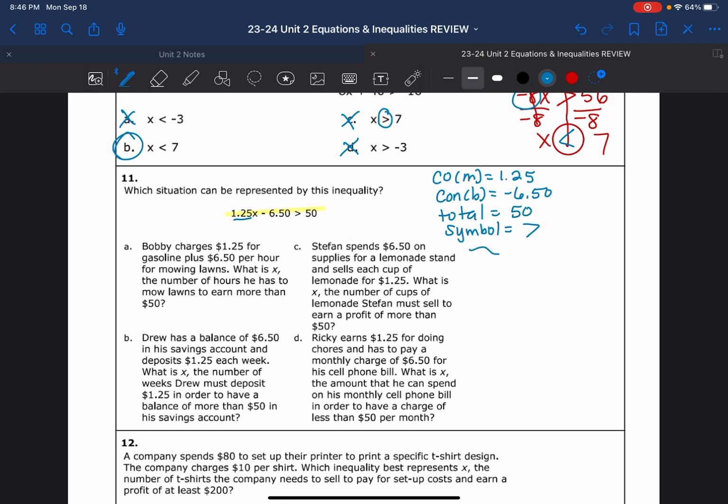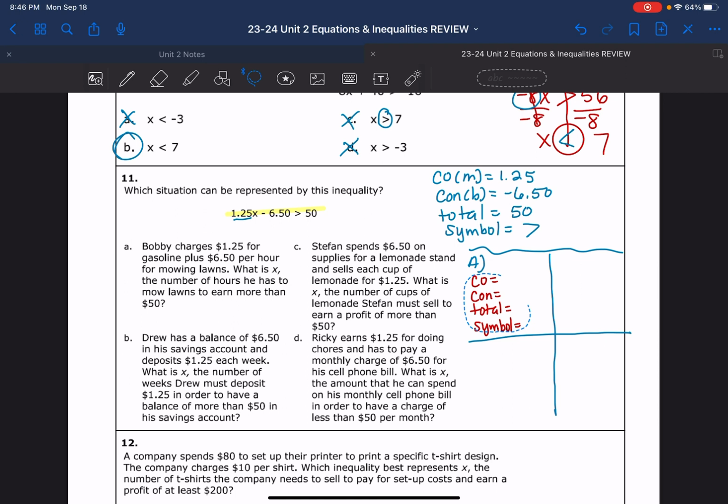So let's go ahead, and this one instead, I'm going to split it this way, okay? I'm going to do A right here, okay? So we have co, con, total, and symbol. And you can just write this on all of them because you want to know what it is for all of them.